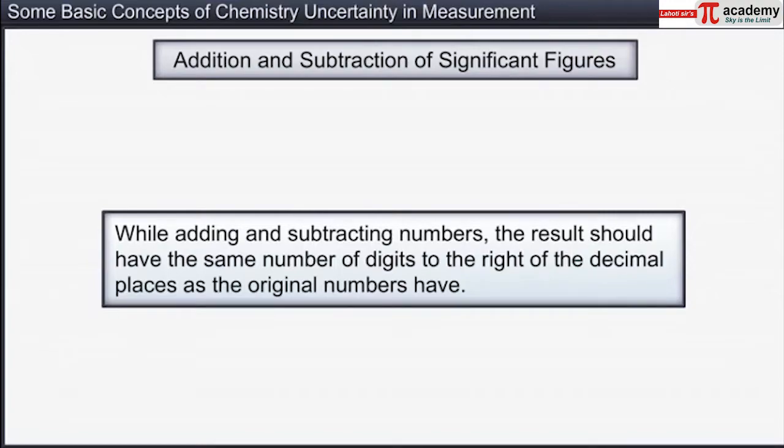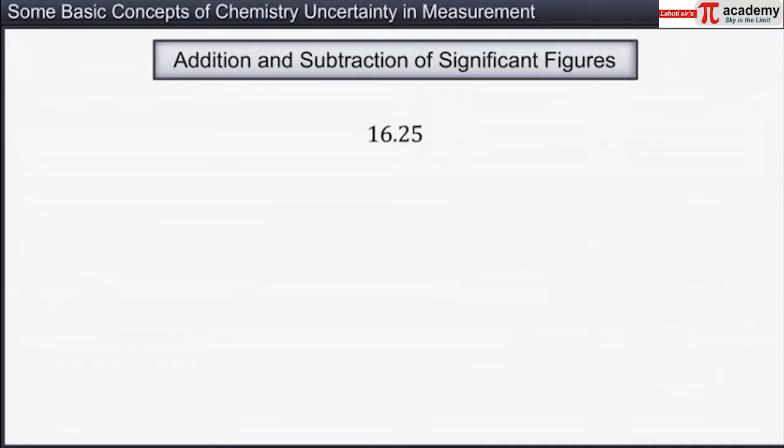For example, if we add 16.25, 22.0 and 2.062, we get 40.312. Here, as 22.0 has only one digit after the decimal point, the result should be reported only up to one digit after the decimal point, which is 40.3.